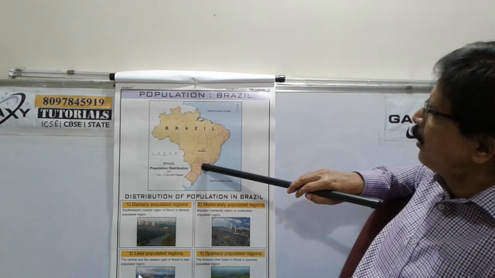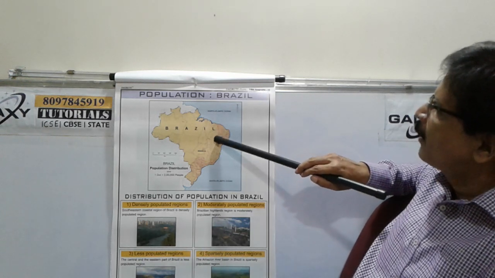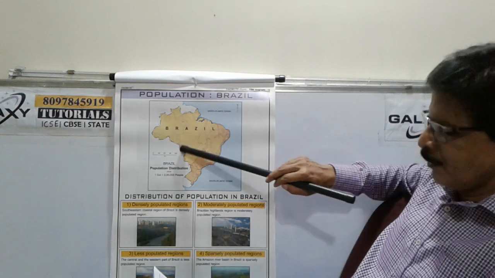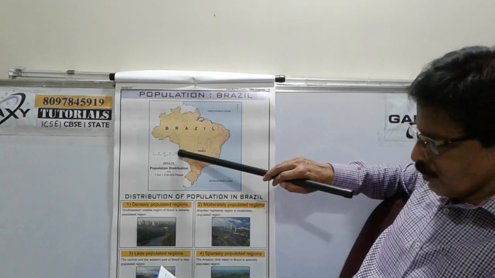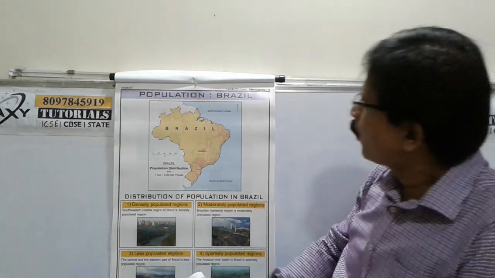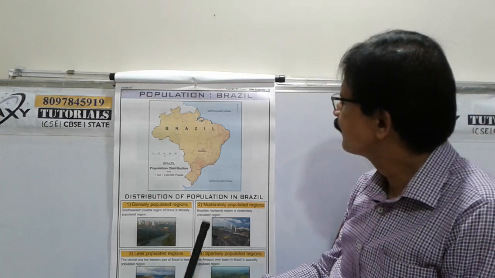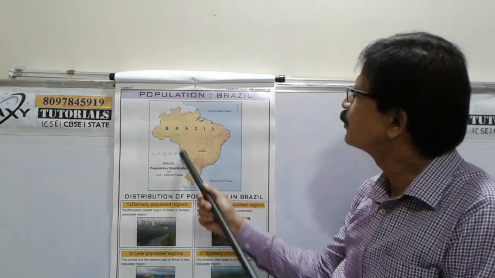This is the area where the population is mostly concentrated, followed by this area. Here it is all very sparse. You see this now. What is the reason for that? Now, which is this area? And what is this area?